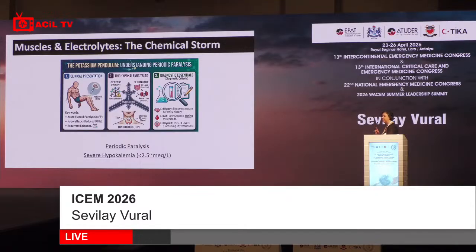But remember, please, they can also be sporadic. And of course, lab tests, especially potassium, and also please check calcium, do not forget that. And in this patient group, during the first diagnostic evaluation, you also have to order thyroid function tests.